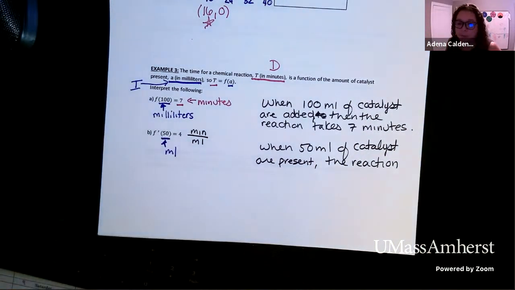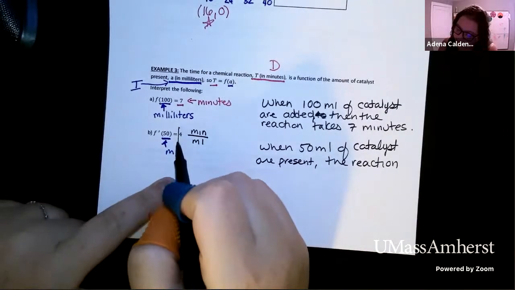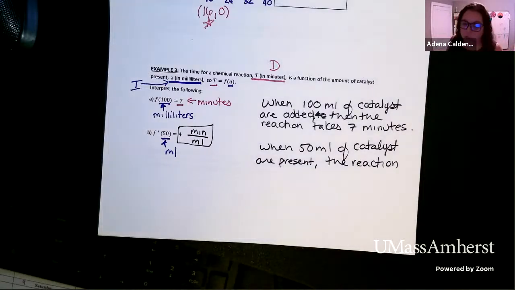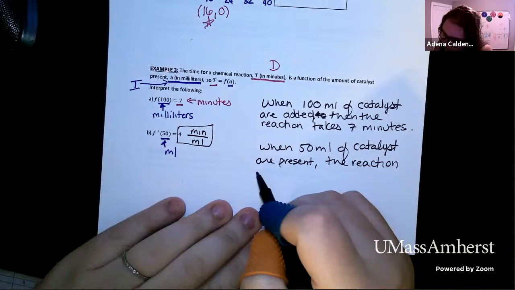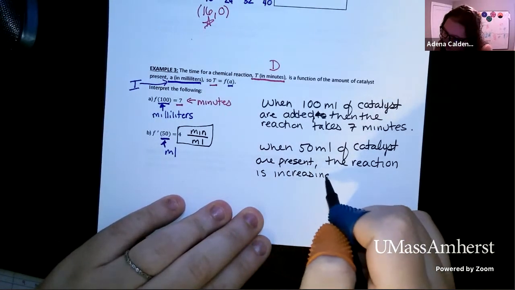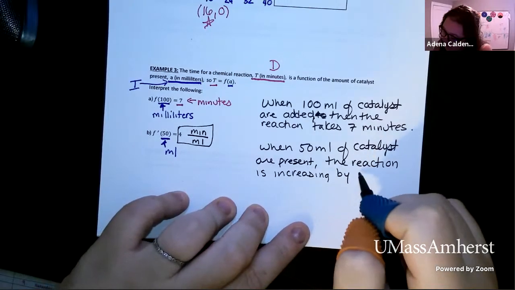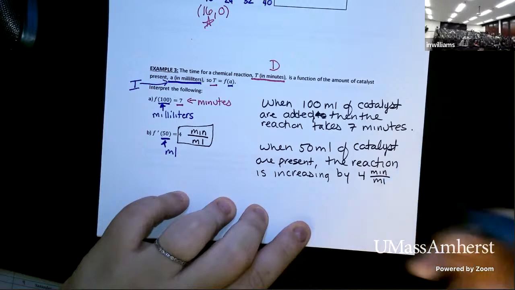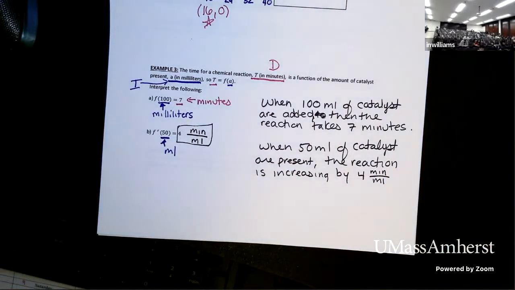So now we're going to be talking about the reaction, which is the second part of this. So this is the rate of change, right? And because the derivative is positive, we know that the original function is increasing. So the reaction is increasing by 4 minutes per milliliter. So what does that mean?